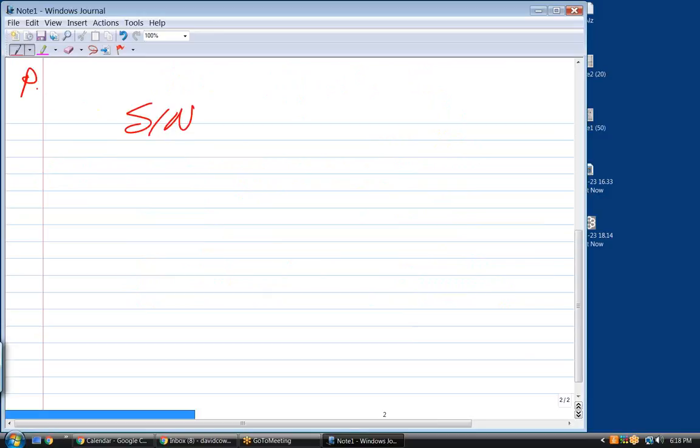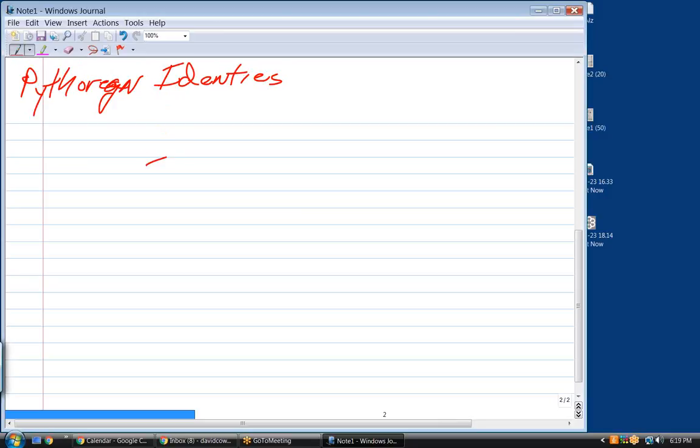And these are called the Pythagorean identities, because they're based on the Pythagorean triangle, the right triangle. But the most important one is sine squared of an angle plus cosine squared of that same angle is always equal to what?